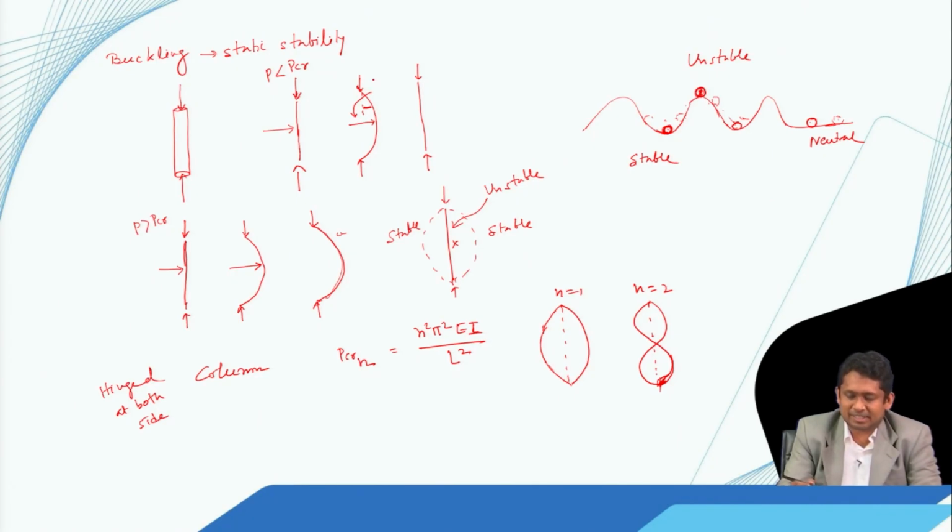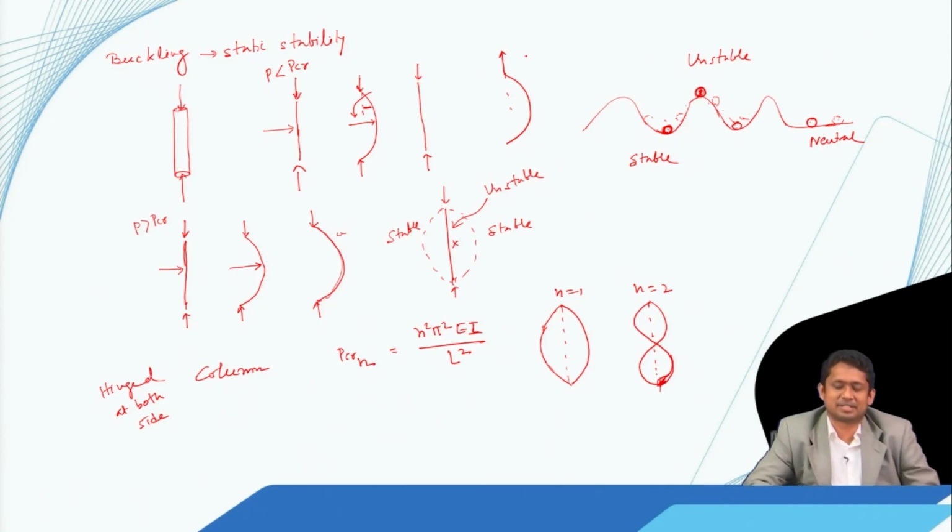On the other hand, if this P is in the tensile direction, this moment is in the opposite direction and it tries to straighten it. So a compressive force has a tendency to destabilize. Now when the destabilizing effect of that compressive force overcomes the stabilizing effect of its own stiffness, then we can say that it is going towards instability.